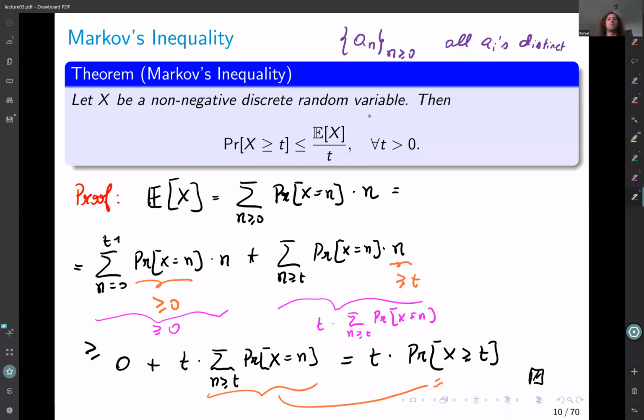Does that make sense? Yeah. And then in this proof, the only thing we did is that for every a_n that's less than or equal to t, I'm just going to set the probability to 0. And every a_n that's greater or equal to t, I'm going to set the value a_n greater or equal to t.